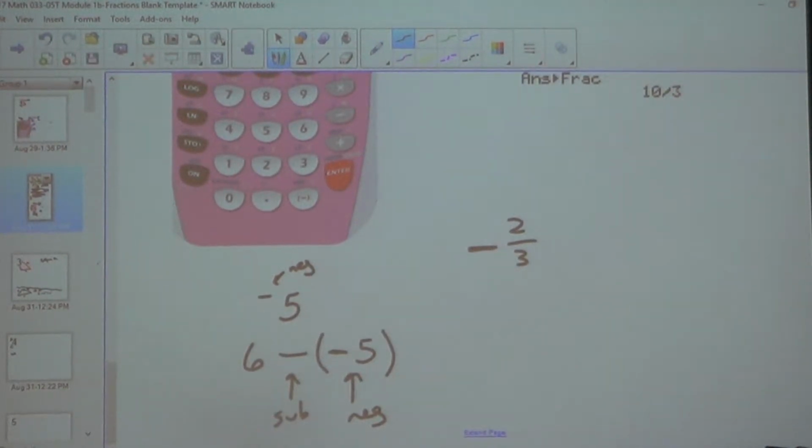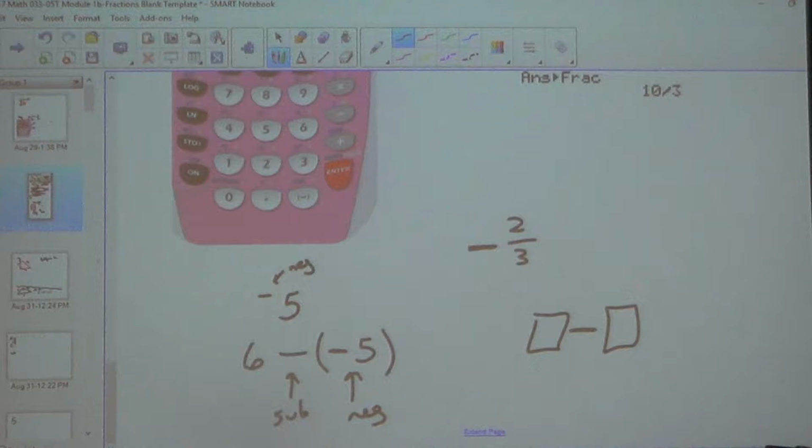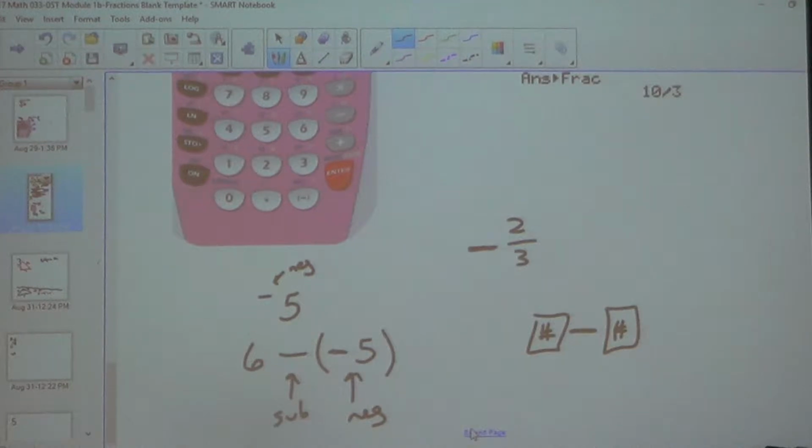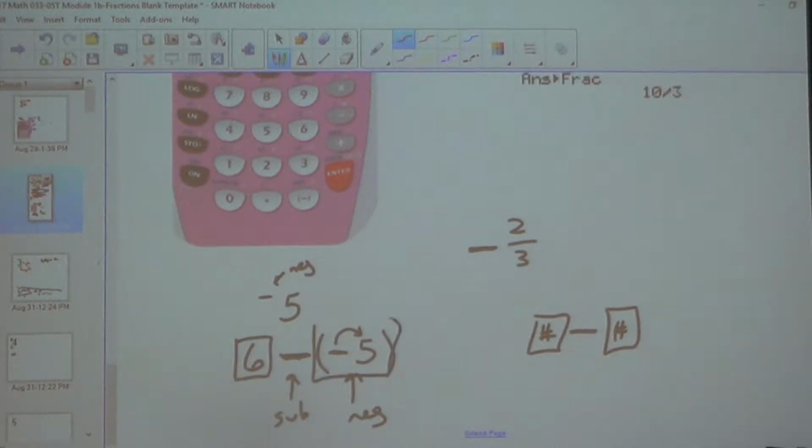Okay. So the way that you know the difference, a subtraction sign holds two things together. So if you have something subtract something, a negative rides dirty. A negative is holding on to something. See how this is holding on to that? But this is holding those two things together.